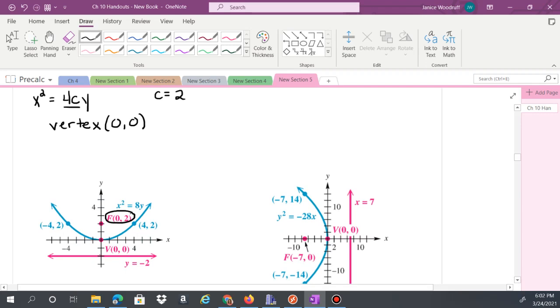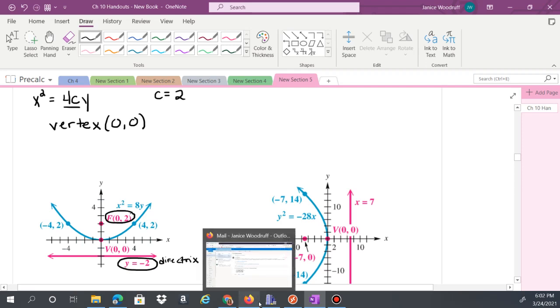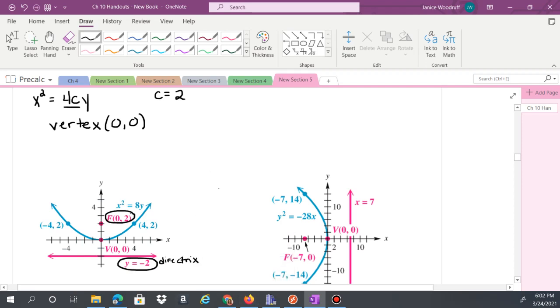So this is going to go down 2 from 0, 0, and it's going to be a horizontal line. And a horizontal line is a y equals line. So that's your directrix. And then the x-axis is your axis, because it goes up and down, like the x-axis does.